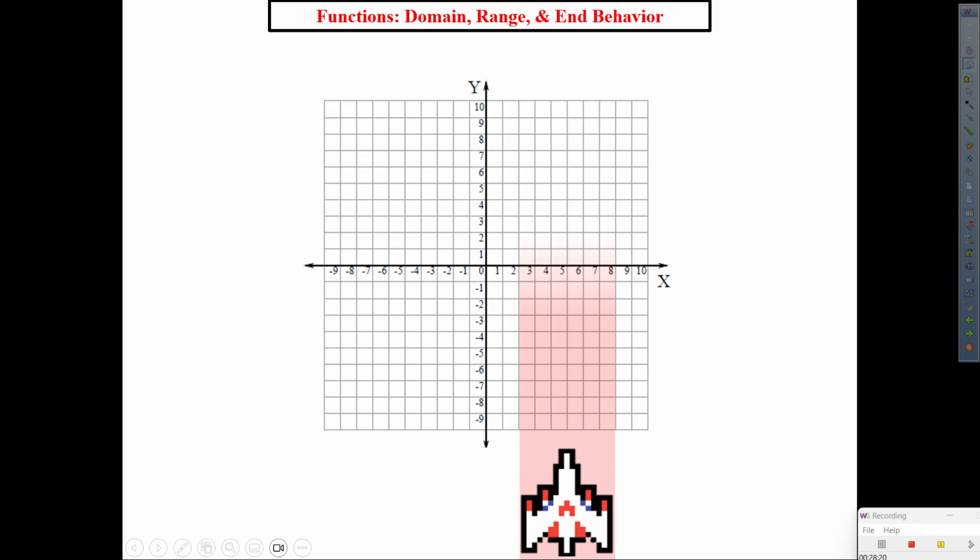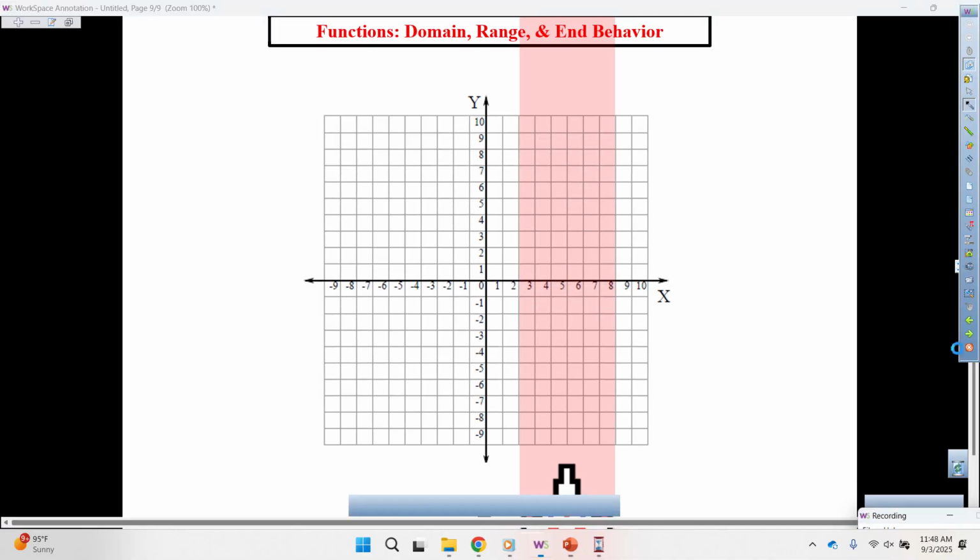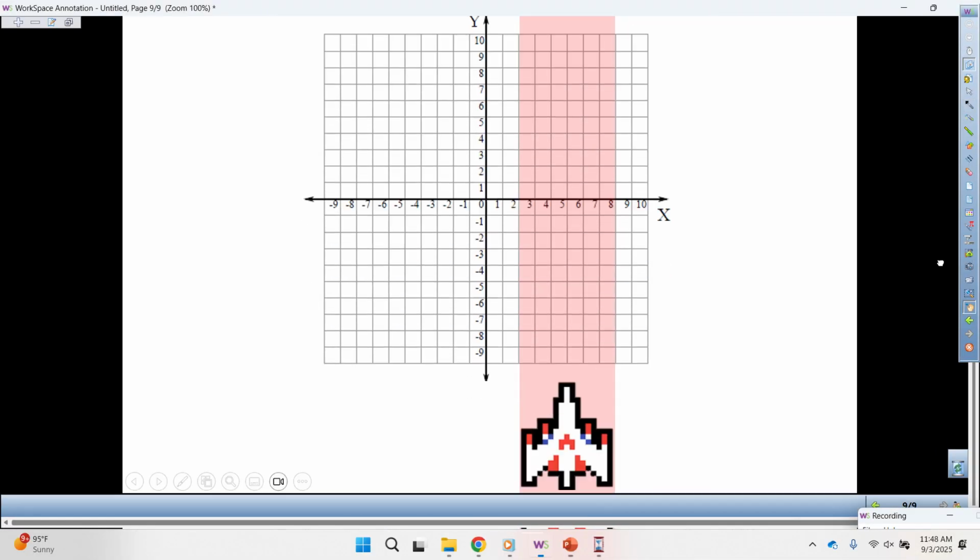Show your neighbor between what and what you highlighted. All right?